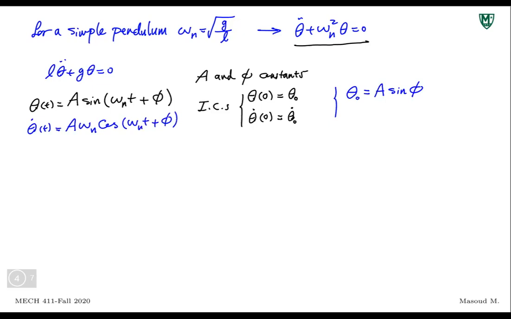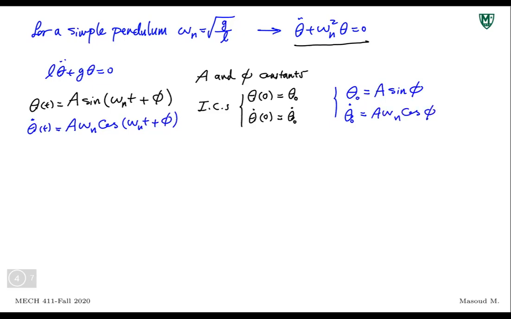That would be theta dot. Theta dot is not something I proposed. It's just the derivative of the proposed general form of the solution. So now if I plug in t equals 0, this becomes theta dot naught, which is what I used to represent the initial velocity given to the system. Plug in t equals 0 to the theta dot of t equation. This becomes A omega n cosine phi.